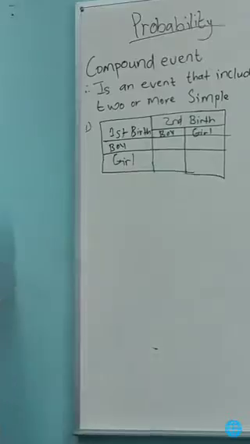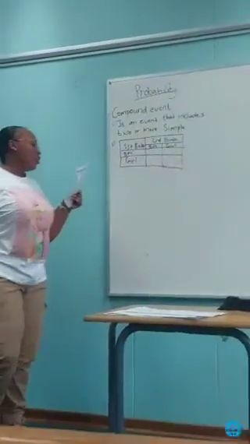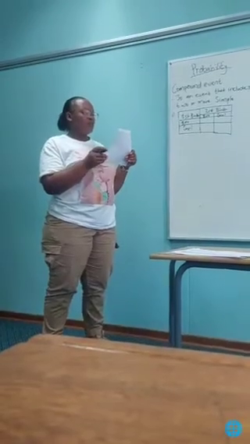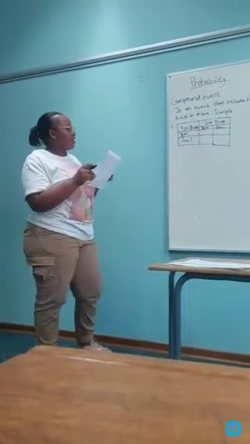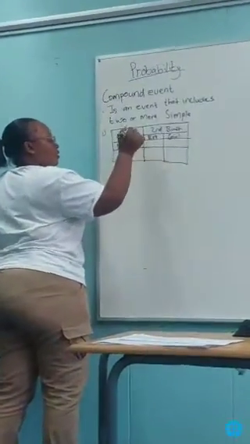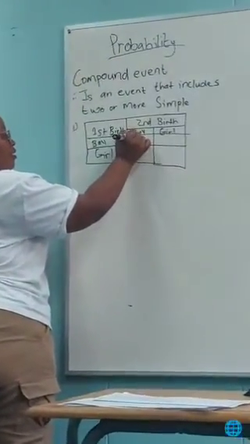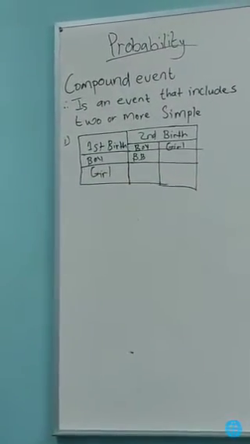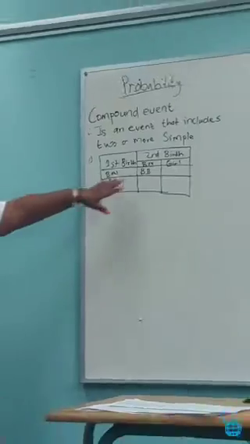For example, if a question says, what is the probability of a woman giving birth to two boys after each other? Using this method, you can express it in this way.